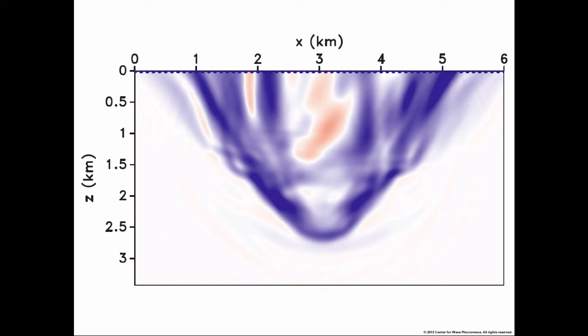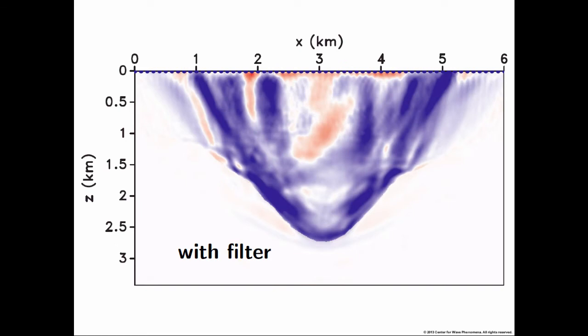But the other filter gives us an insight into what's going on and why these events are in the gradient. They come from the crosstalk of wavefields traveling in opposite directions, so we know how to get rid of those and obtain gradients that are just confined to the sediment section.